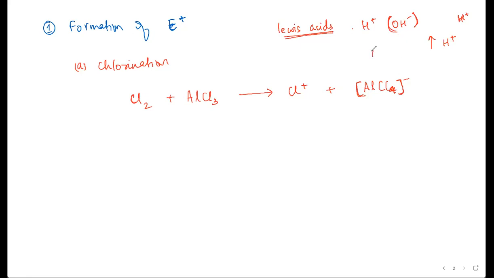For example, if you put AlCl3, it's going to bond to OH minus, forming a complex, which in turn increases the relative concentration of H plus. Water is neutral because it has equal concentrations of H plus and OH minus. If you take away some of the OH minus, that leads to an increase of H plus ions compared to OH minus.